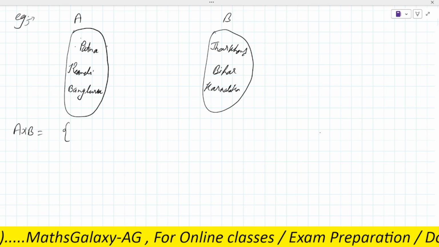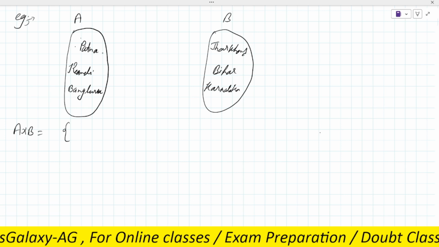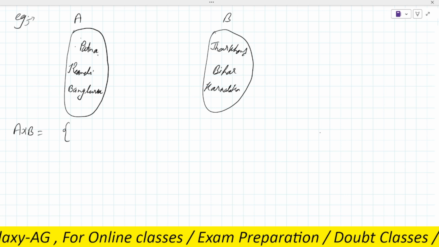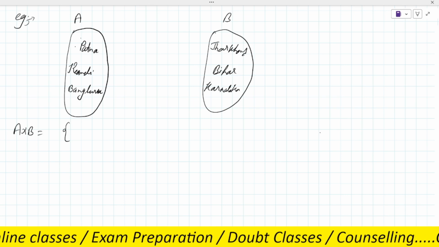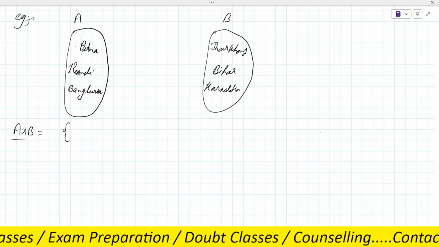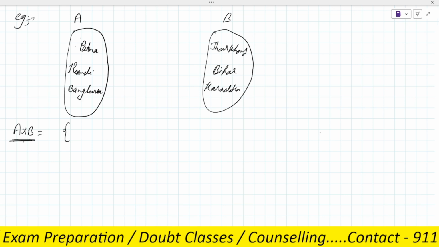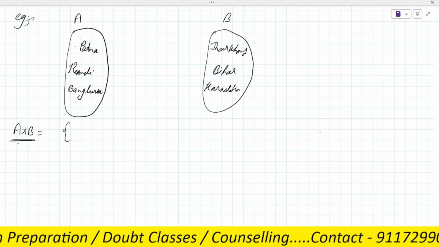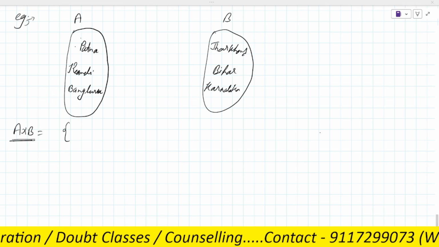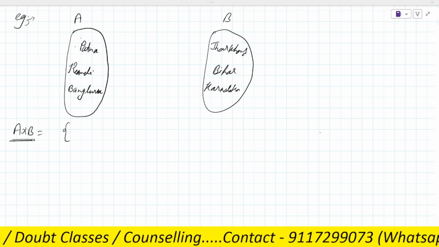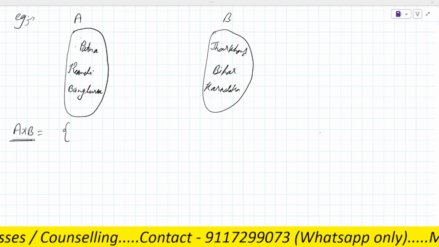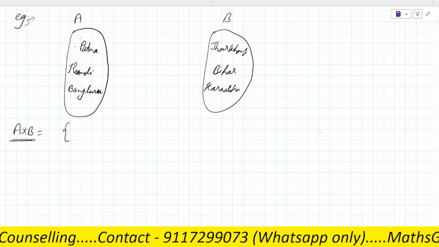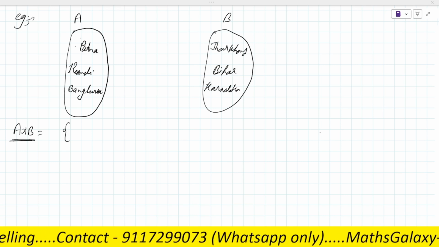I'm audible na? Yeah, Yes. I can hear you. Okay. Yeah. So here we will find A cross B. What we will find here? What we will find here? Hello? Hello? Hello Akshat? Yeah.